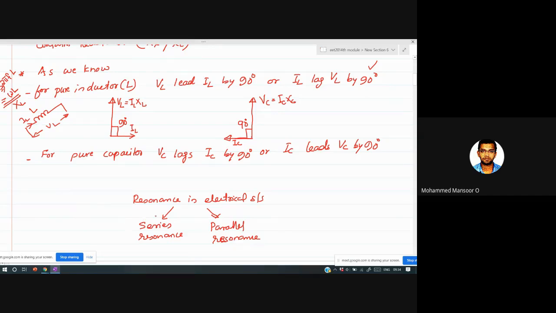If resonance is occurring in a series circuit, that resonance is termed series resonance. Similarly, if resonance is occurring in a parallel circuit, then it is termed parallel resonance. Clear or no?